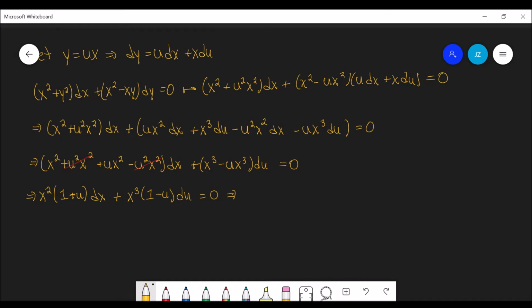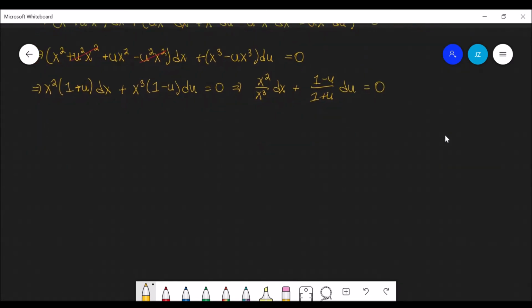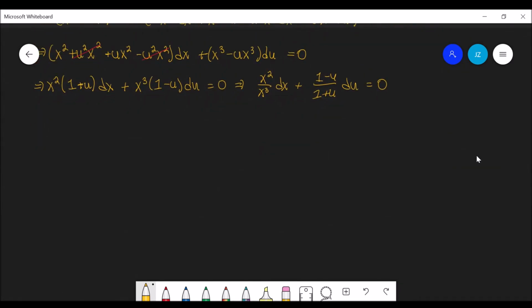So we get x squared over x cubed dx plus (1 minus u) over (1 plus u) du is equal to 0. Which of course becomes dx over x plus (1 minus u) over (1 plus u) du is equal to 0.